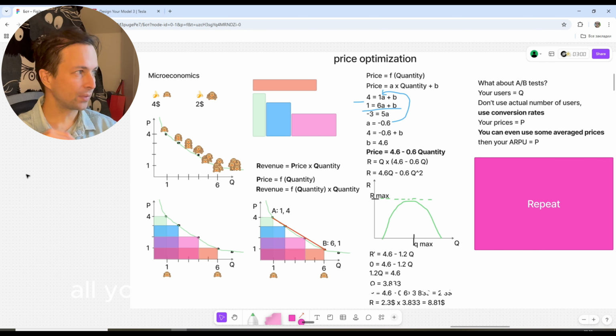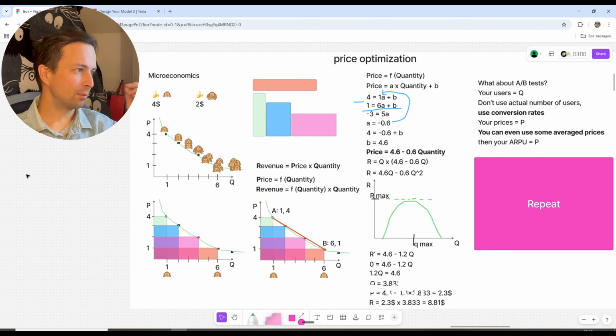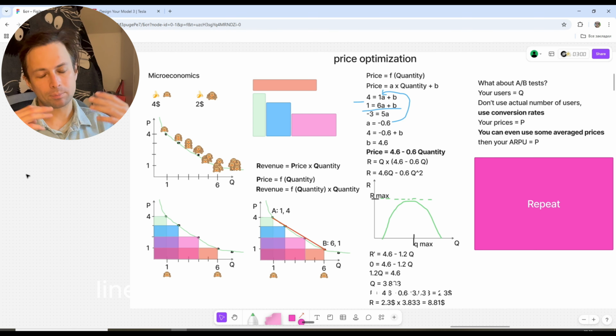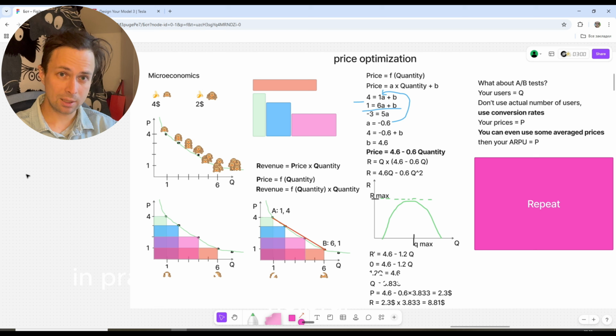All you have to do is solve this equation. If you have more dots, you can build even more beautiful lines than my red line, but of course it will make the whole calculation more difficult. In practice, having just two dots is very helpful.